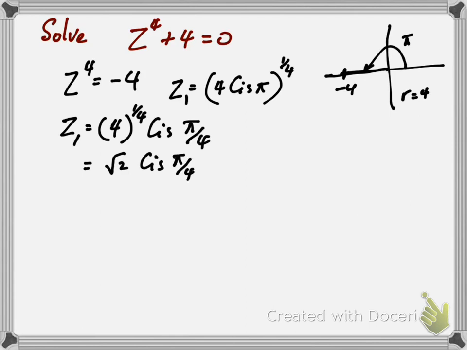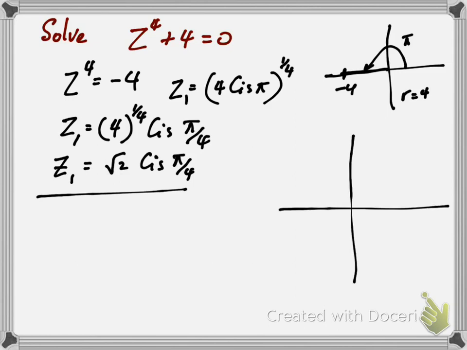You can check that with the calculator, and that's z1. Now you draw an Argand diagram to represent all the solutions, and pi over 4 is 45 degrees. You can make that your first angle.